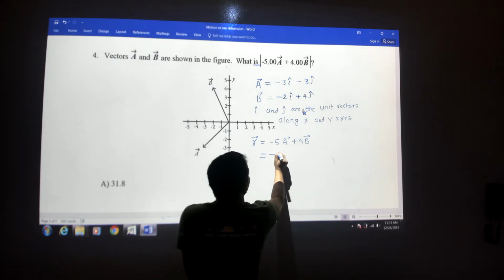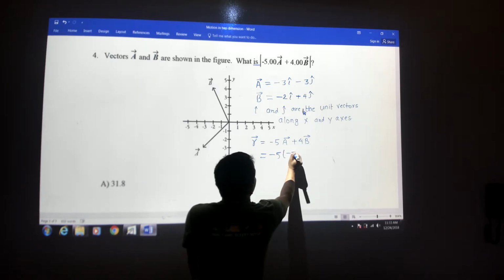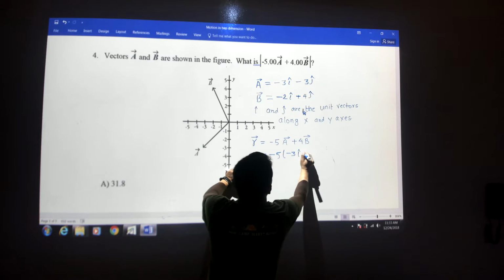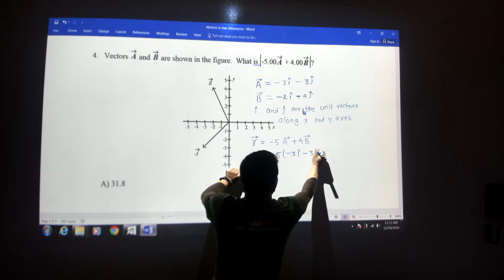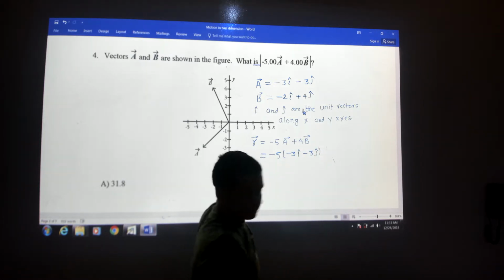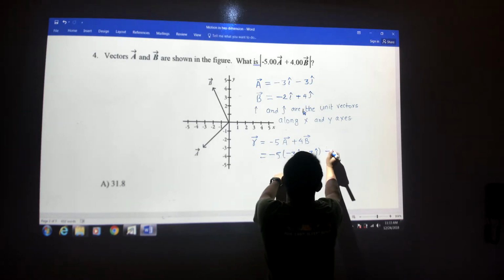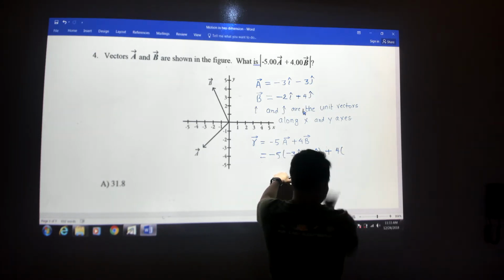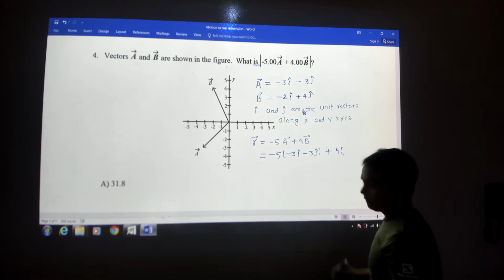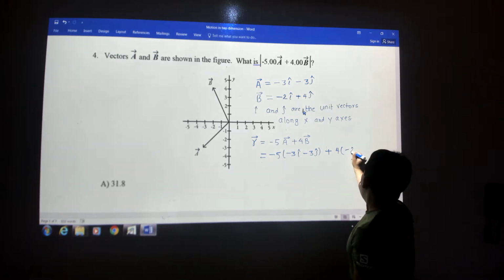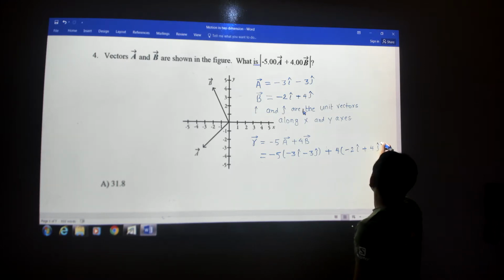Minus 5 a vector is negative 3 i minus 3 j vector, and plus 4 times b vector, which is minus 2 i plus 4 j vector.